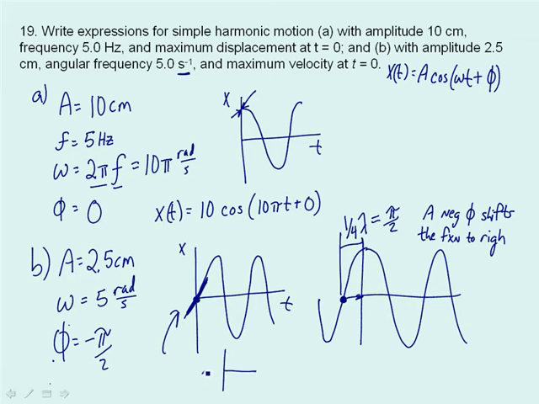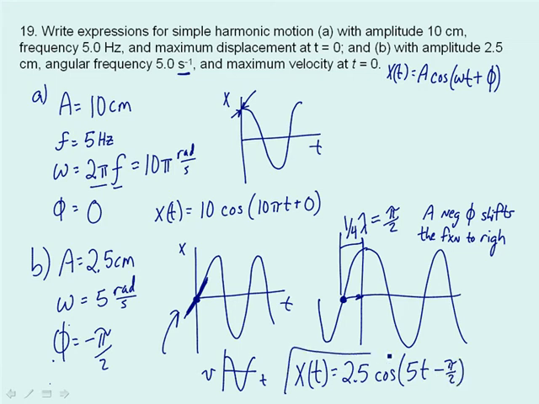If I plot the velocity function versus time, which is just the derivative of the position function, it would look like this. So I can write my displacement function: x of t is A, which is 2.5, times cosine of omega, which is 5, times t, minus pi over 2. So that is my displacement function for part B.